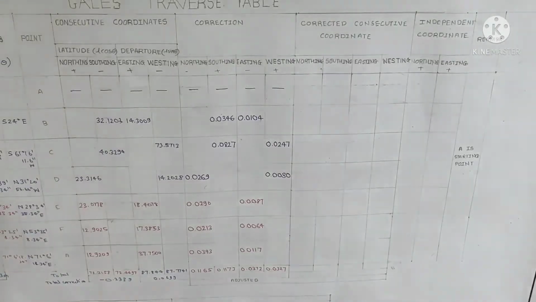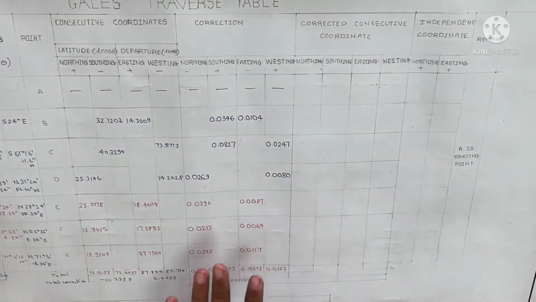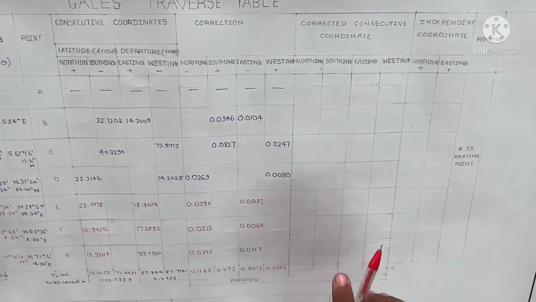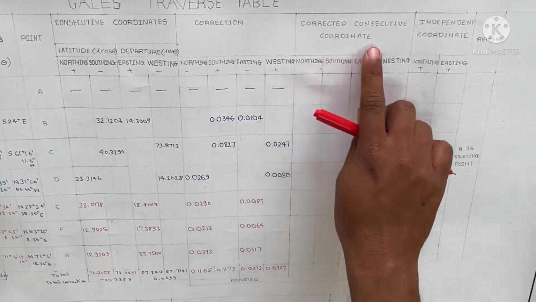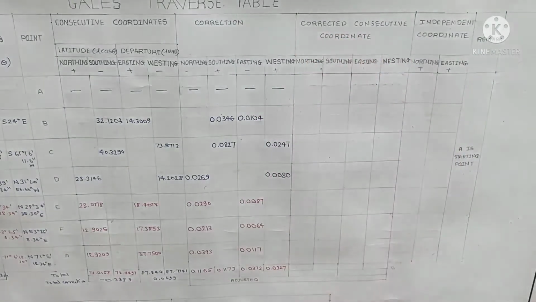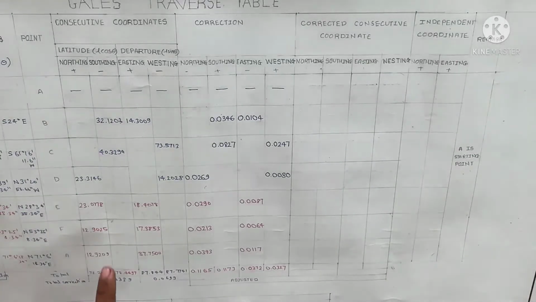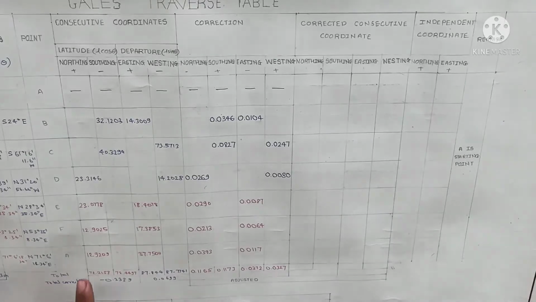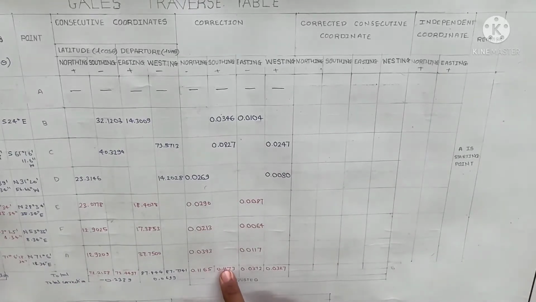Okay, so now after doing the correction by using the Bowditch rule, we are going to do the calculation of corrected consecutive coordinate. First of all we have seen that the summation of southing is coming out to be 72.4497. So that means southing is greater than northing. So whatever the corrections which we have calculated, we are supposed to deduct from the southing, and we are supposed to add the corrections we have calculated for the northing.